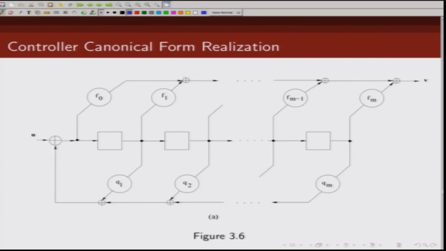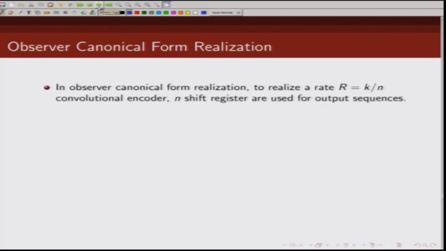Please note these adders are external to the shift register, there are no adders internal to the shift registers. The inputs are entering on the left hand side, whereas output is taken from the right hand side. Now contrast this with observer canonical form realization.